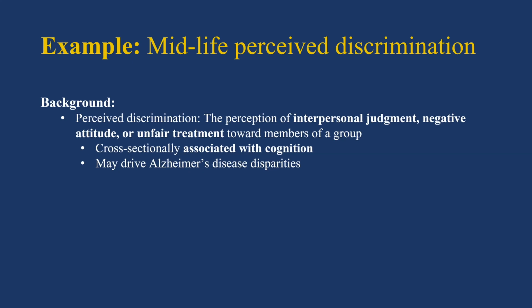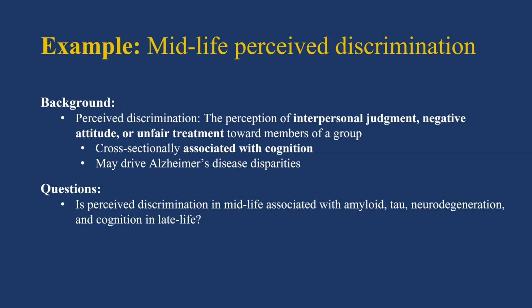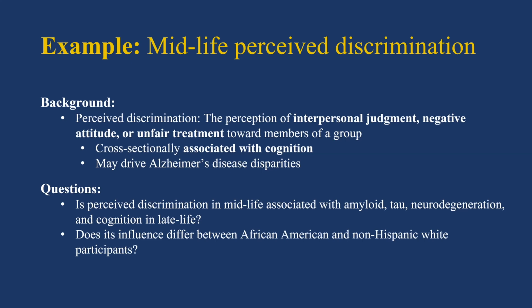of AD disparities. So we wanted to know, is perceived discrimination in midlife associated with amyloid, tau, neurodegeneration, and cognition in late life? And does its influence differ between African American and non-Hispanic white populations?